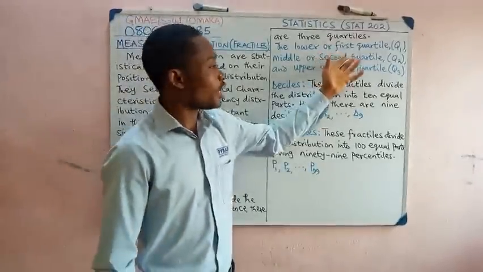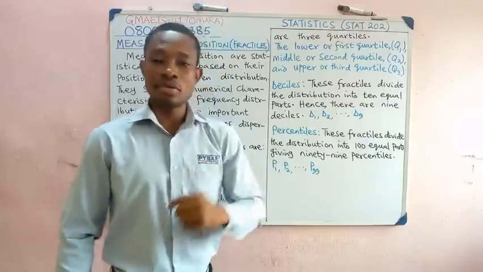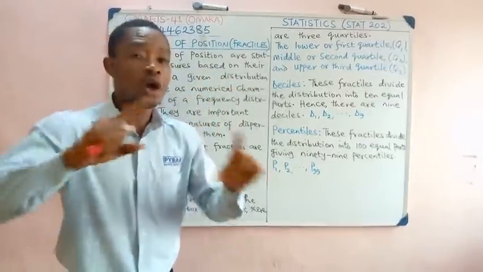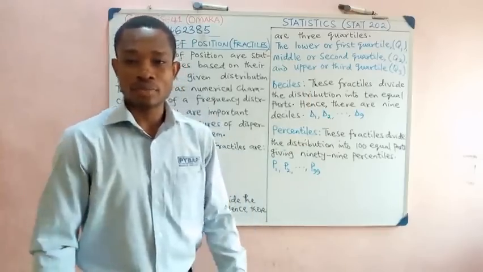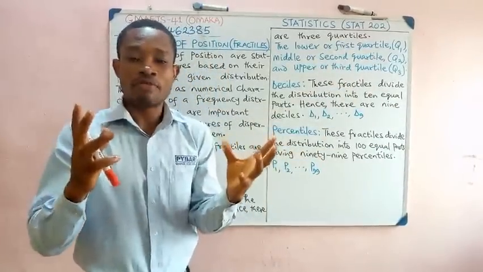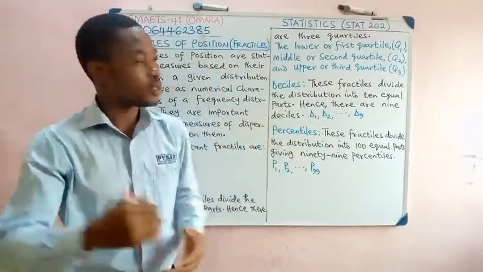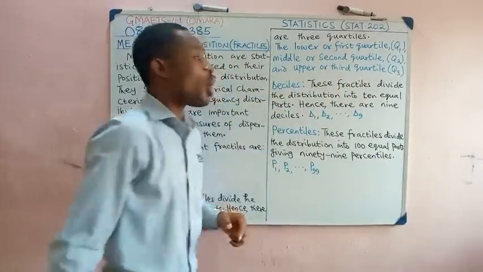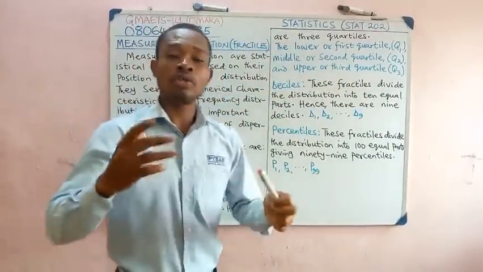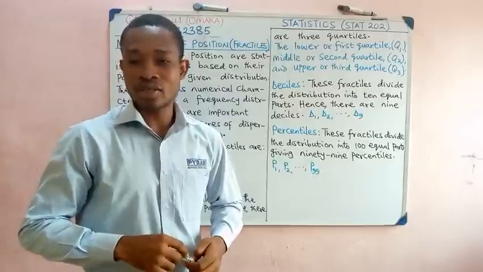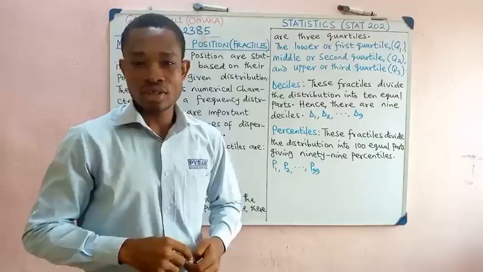The lower quartile, also known as the first quartile, is used to locate all values that fall below 25% of the entire distribution. While the second quartile is used to locate all values below 50% of the distribution. Then of course, the upper quartile is used to locate all values below 75% of the given distribution.